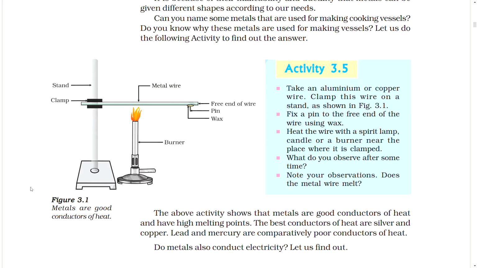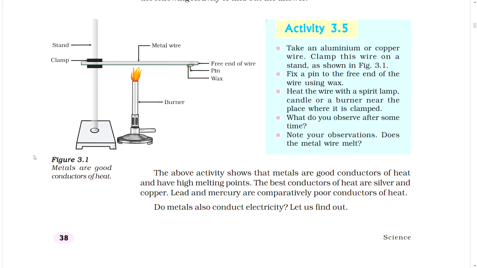Heat the wire with a spirit lamp, candle, or a burner near the place where it is clamped. What do you observe? After some time, note your observations. Does the metal wire melt? Figure: metals are good conductors of heat.